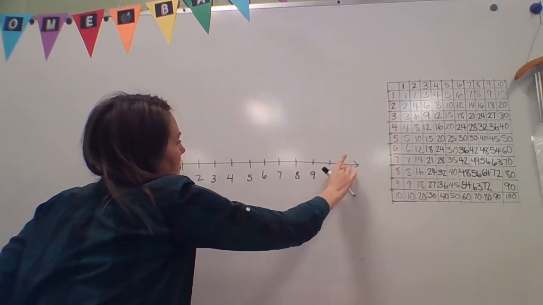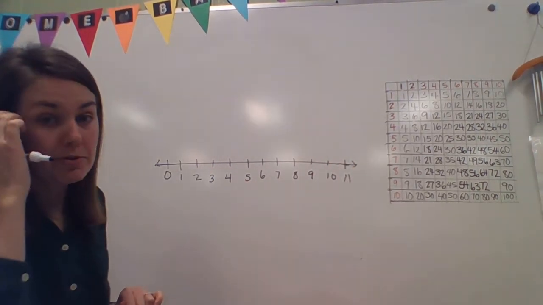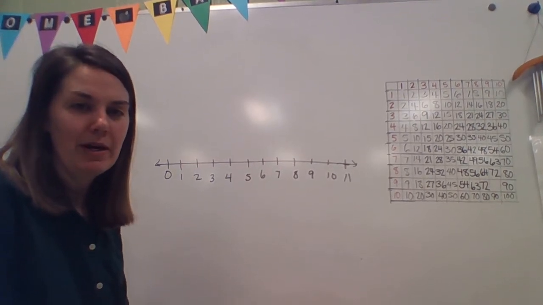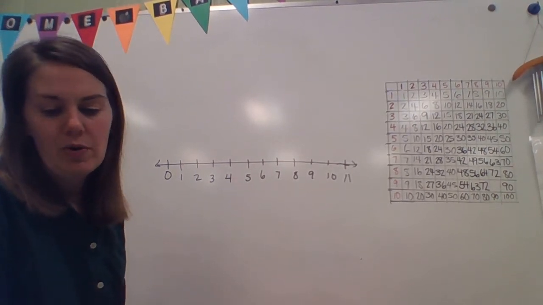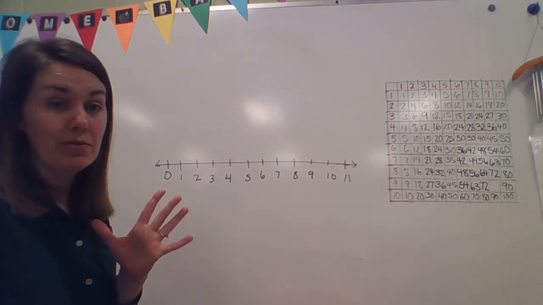Okay, so I'm going to go up to 11 on mine because that's about as long as my number line has gone. So it says, what are the first 5 multiples of the number 3?